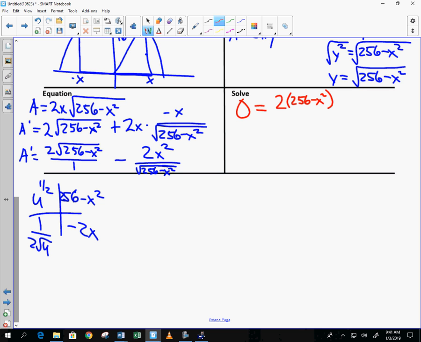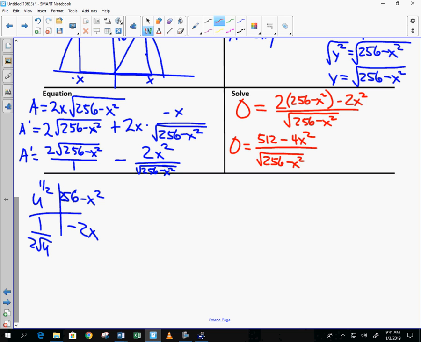Minus, all over the root of 256 minus x squared. Combine like terms in the numerator, I get 512 minus 4x squared over the root of 256 minus x squared.